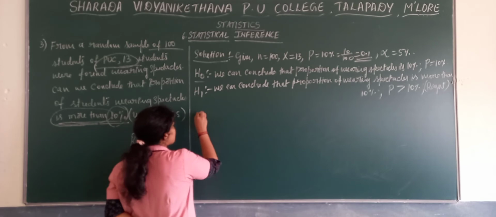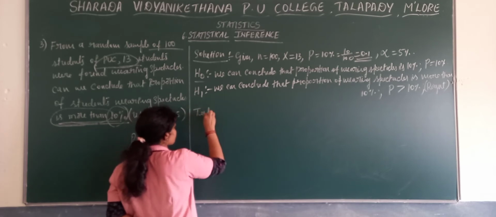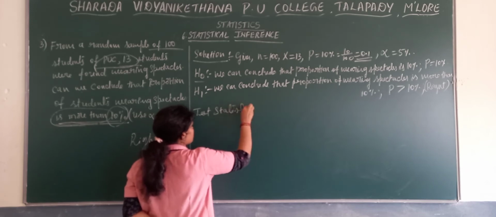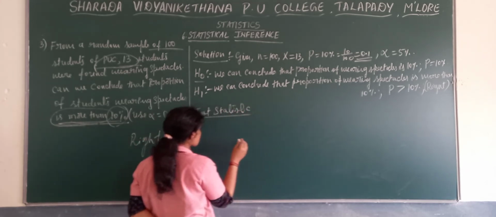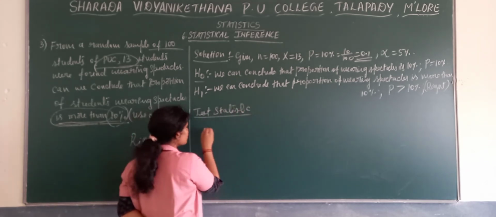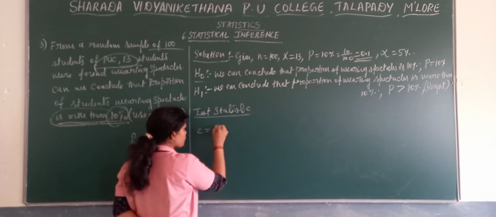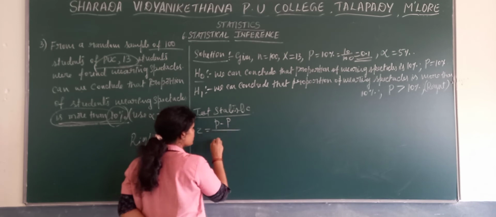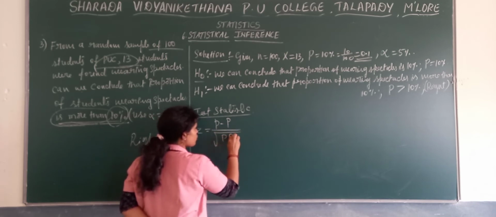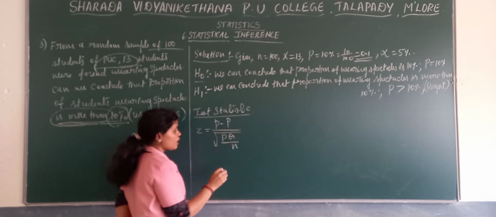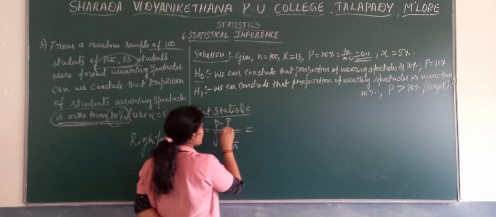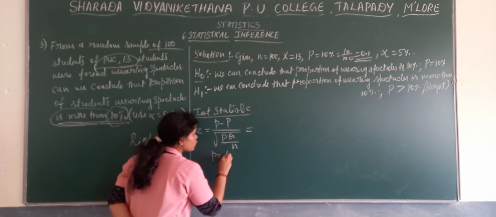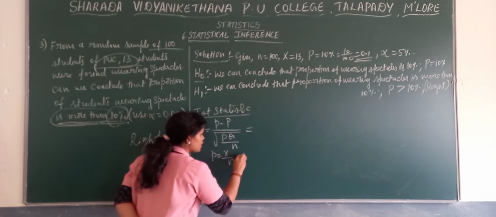Now, apply the test statistic. So write the formula here. Z is equal to p minus P divided by the root of PQ by n. And here we need to find the value of p. p is equal to x by n.